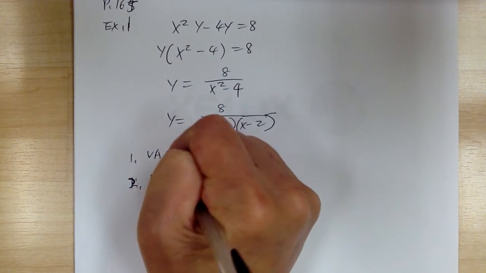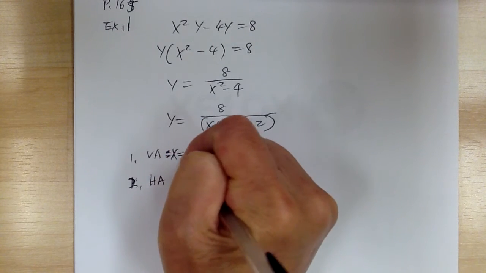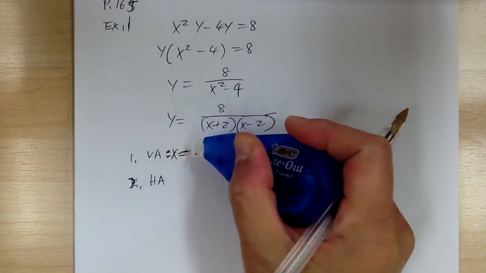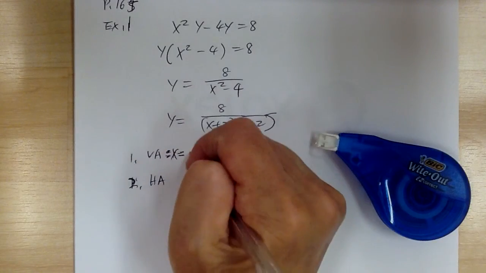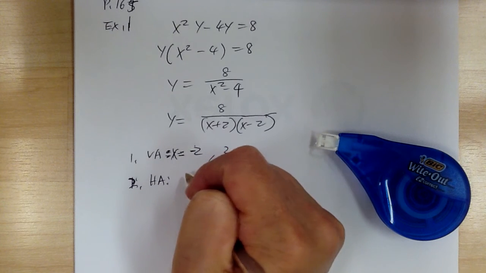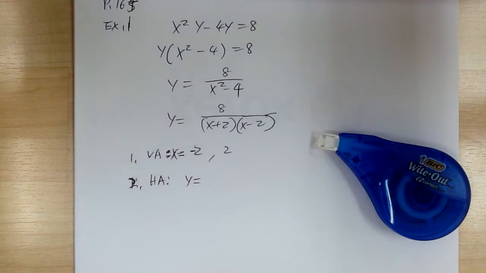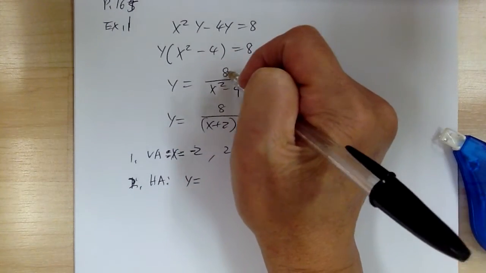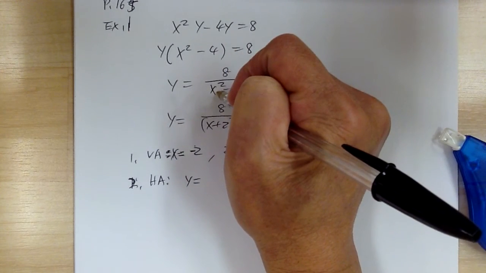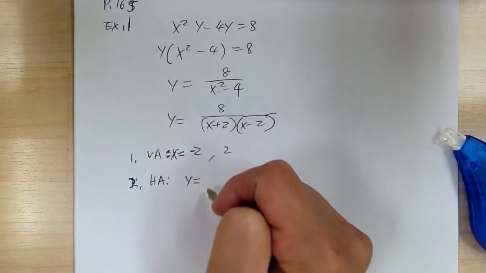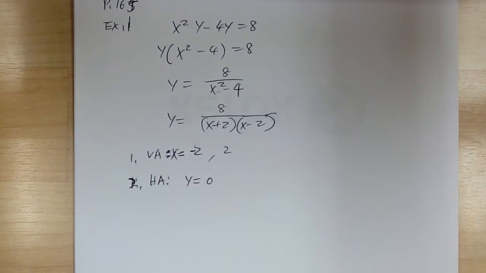Remember, for the horizontal asymptote you look at the degree. Over here the bottom is higher, so when x goes to infinity, you're going to have 8 over infinity, which equals 0. So y equal to 0 will be the horizontal asymptote.